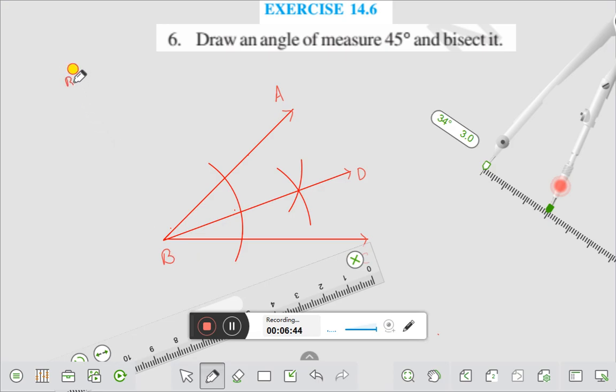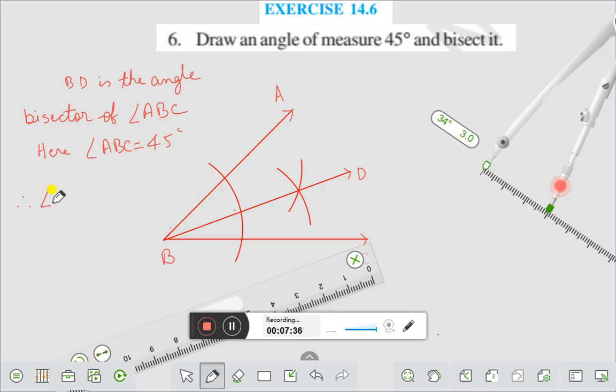BD is the angle bisector of angle ABC. Angle ABC is equal to 45 degrees, and since BD is the angle bisector of angle ABC, therefore we can write angle ABD is equal to angle DBC.